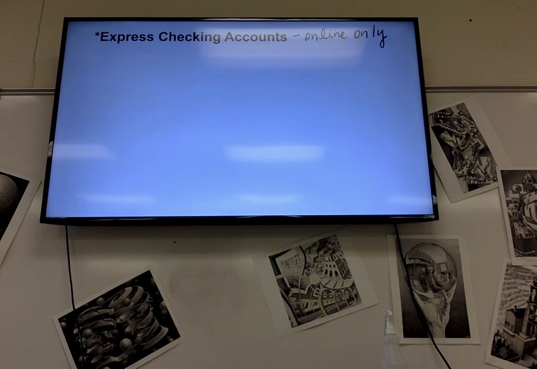There is no physical bank in which you can go into. It's all online. It's called an express checking account. It works just like a regular checking account. It's just online. So if you have any issues or anything, you'll just have to contact them online.